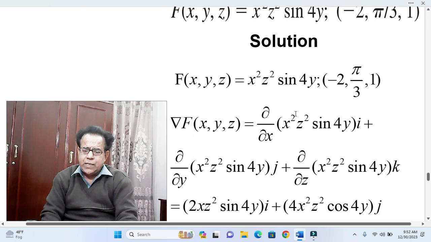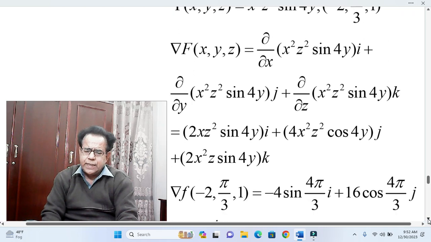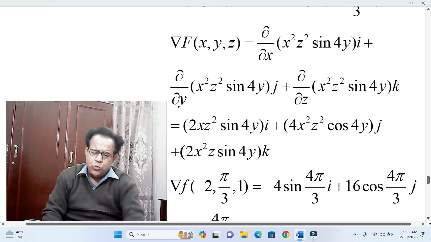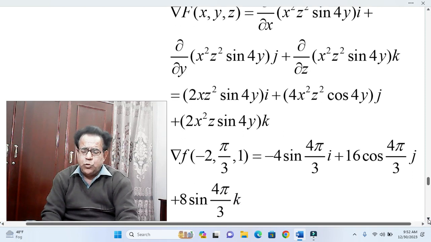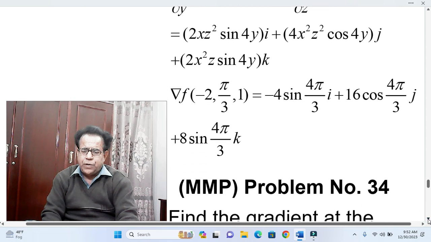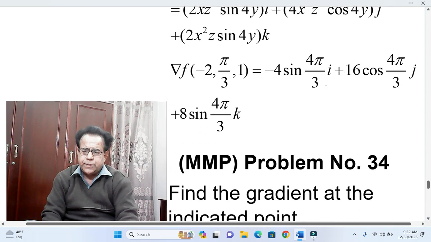Sin 4y will become cos 4y and this 4 will be written outside. In the last we will put values of x, y, z. When we put values of x, y, z, then the gradient of f, or del f, becomes equal to this.